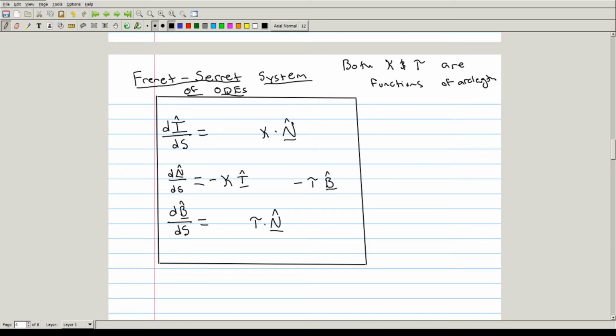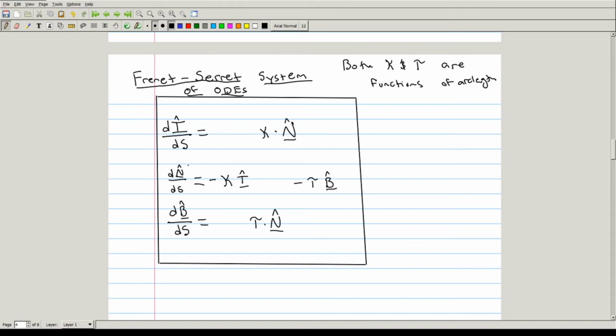Specifically, the Frenet frame obeys this system. And it is a relatively large system because you have 3 equations here, 3 equations here, and 3 equations here, which gives you a total of 9 equations. But it is a linear system of ordinary differential equations.